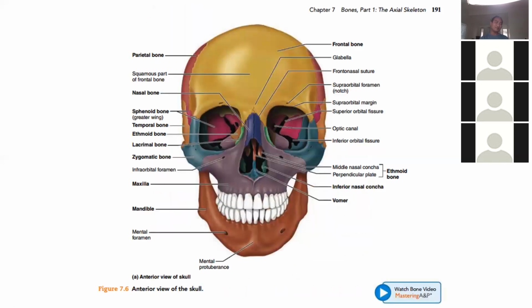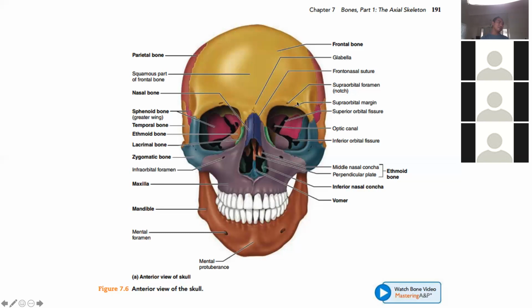Let's look at the face from the front. We are all the same if we strip off our cartilages and the skin. So this is our facial bone and part of the cranium.